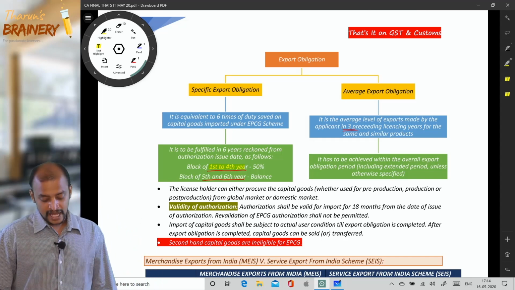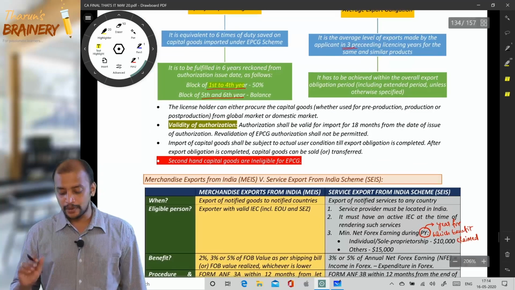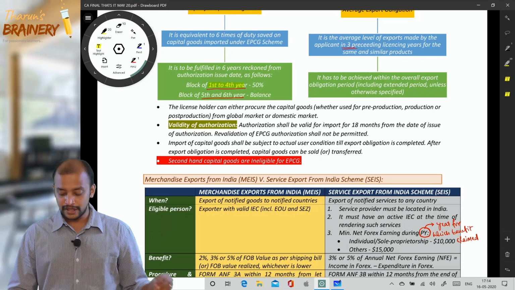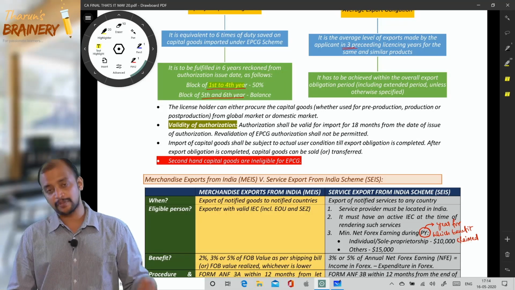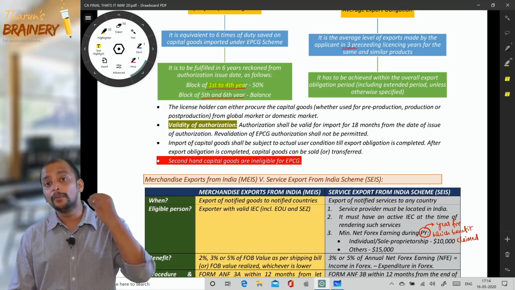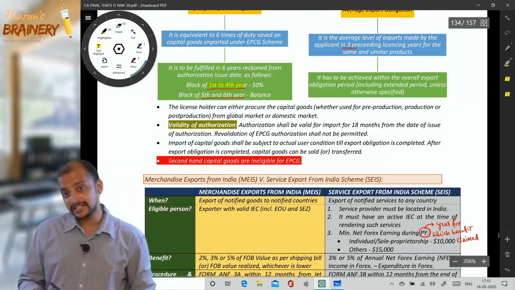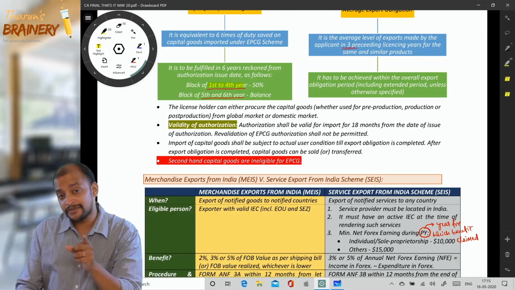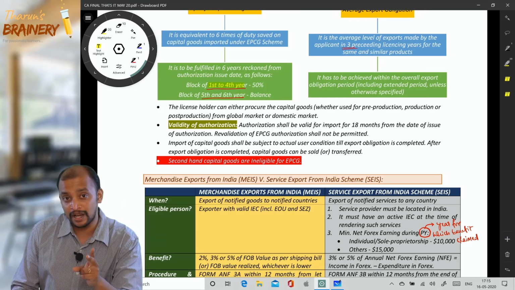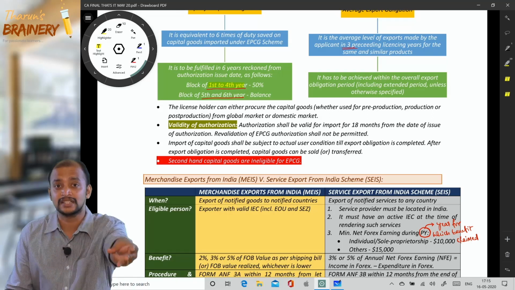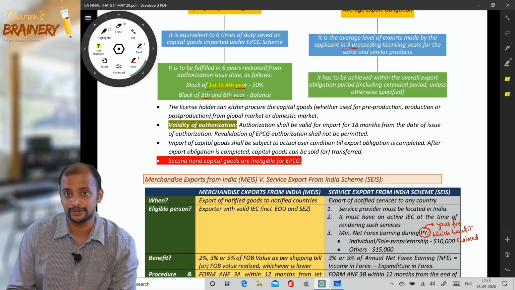That way, the license holder can procure the capital goods, whether used for pre-production, production or post-production, from the global market or domestic market. So which means, so far what we have discussed in advance authorization, duty free import authorization, EPCG, there is a duty saving on imported goods.